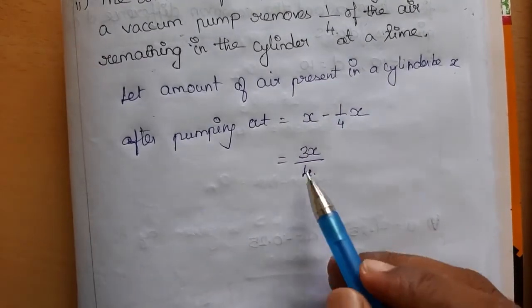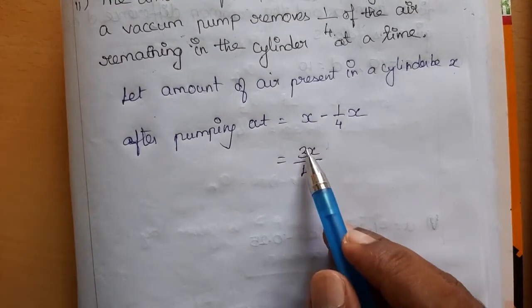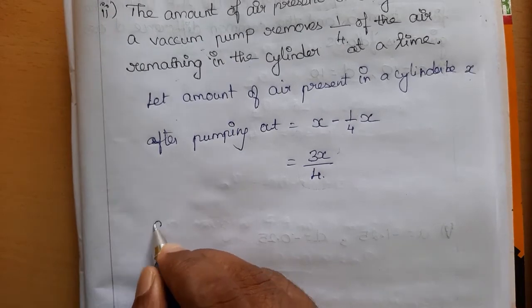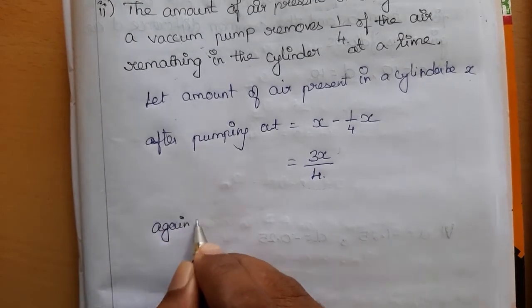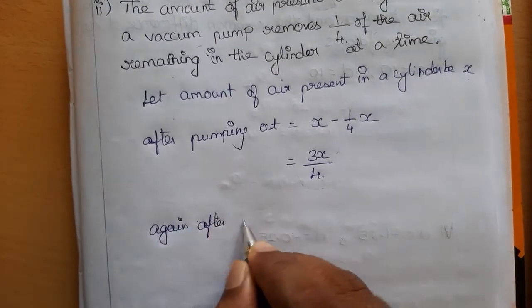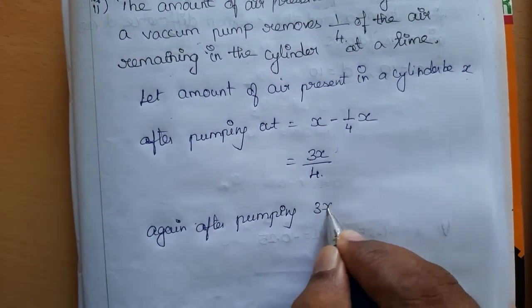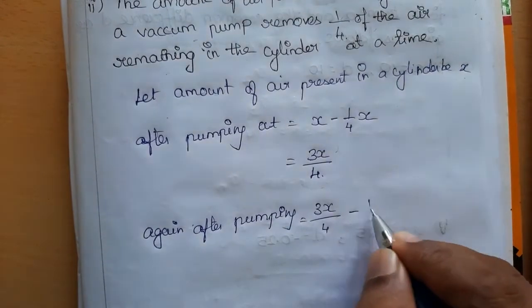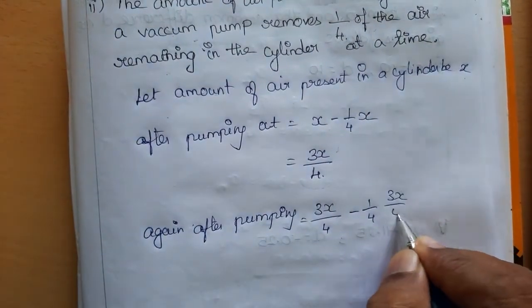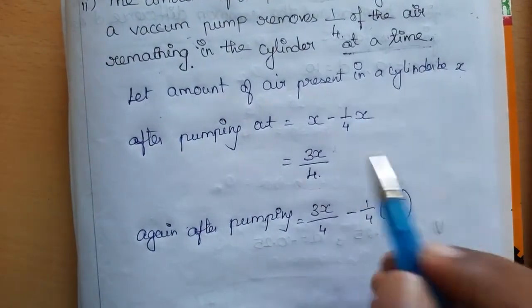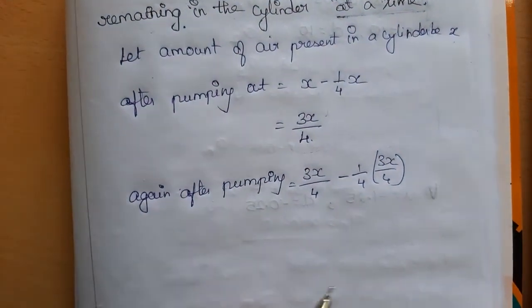If we pump again, 1/4 of this amount of air will be pumped out. Again after pumping, from this 3x by 4, it removes 1/4. Why is that? It is given remaining in the cylinder at a time. At a time, that only 1/4 of it will be removed.